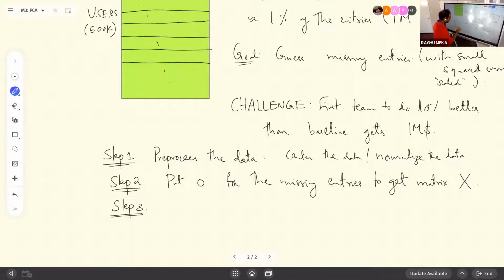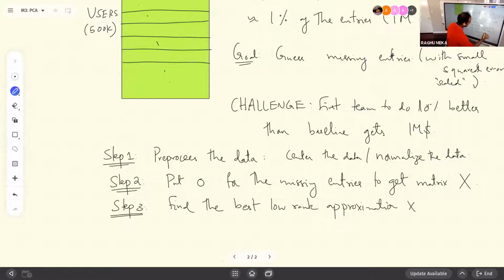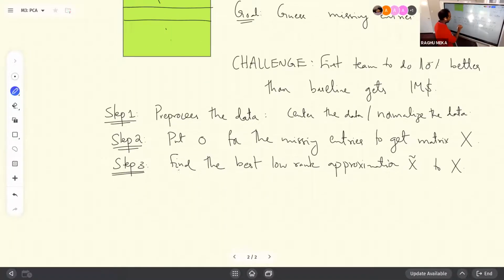Well, find the best lower rank approximation X tilde to X, for some K. Step 4, predict using X tilde.